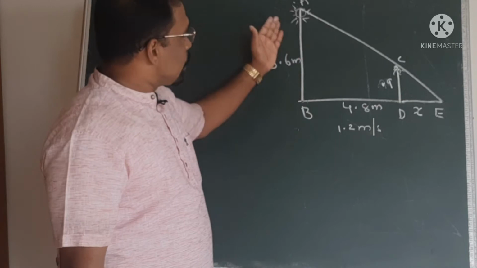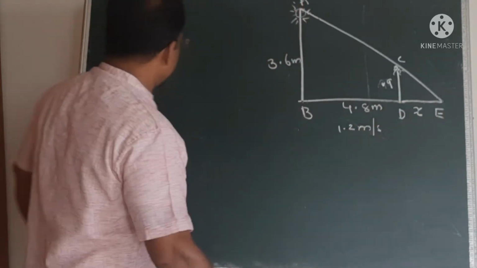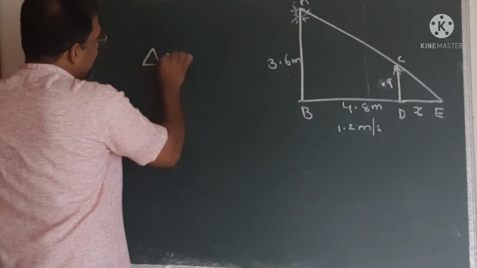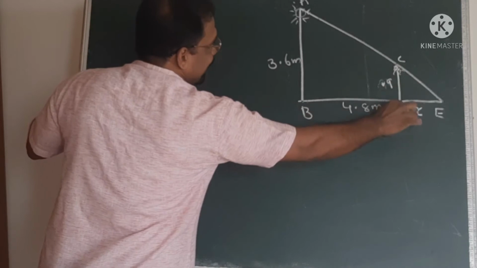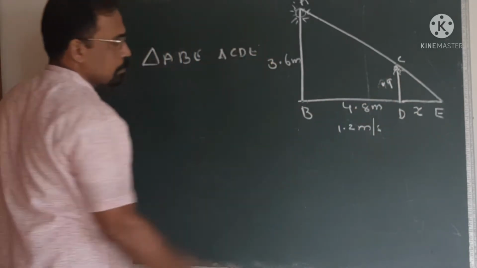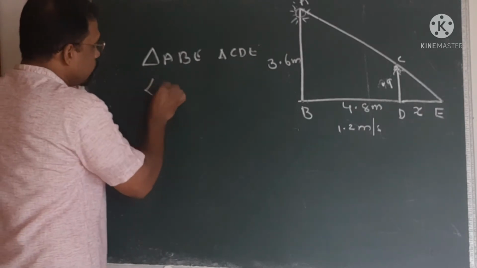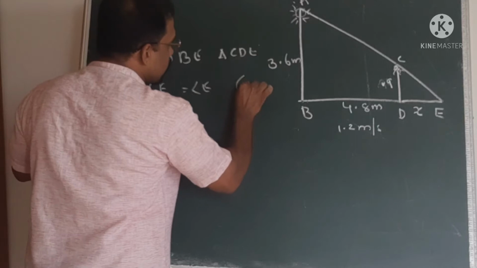Now consider there are two triangles, triangle ABE and triangle CDE. So angle E is equal to angle E because it is a common angle.